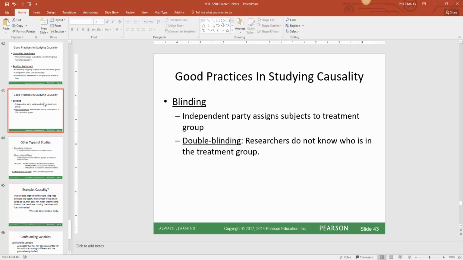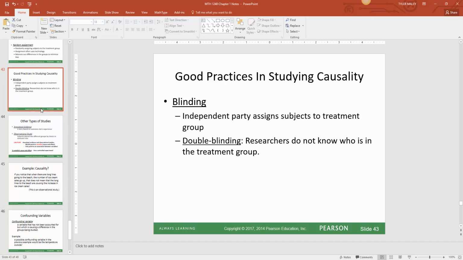So double blind is the best scenario. So that way the researchers don't treat different people differently, or maybe record results differently and so forth. And then we also don't want the participants to know what group they're in, because then they might act differently, right? So we want to try to do this to really see what's going on, right?